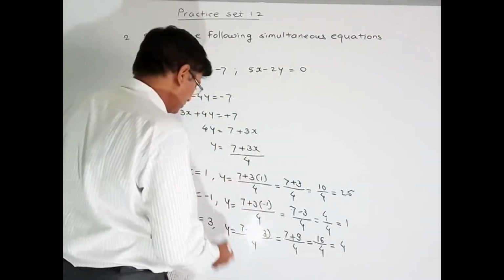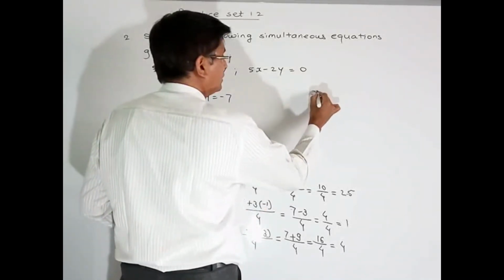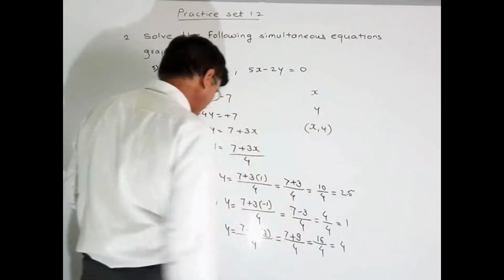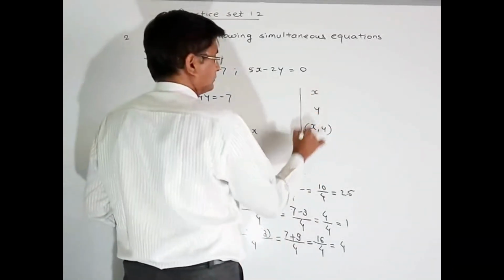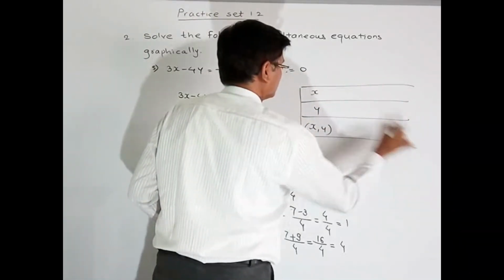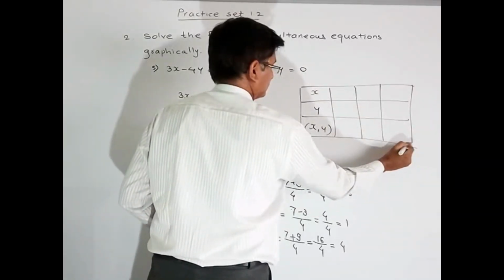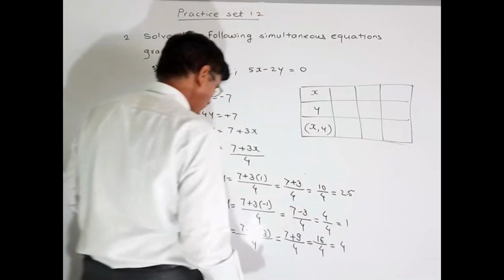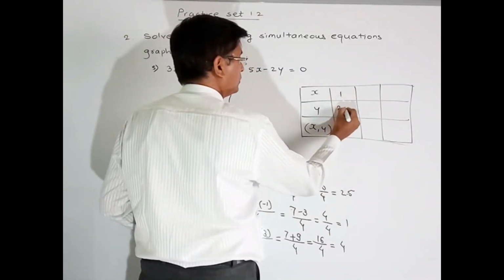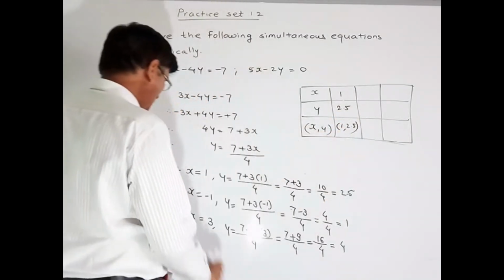So this way we got the ordered pairs. I will draw a table here, x, y, x comma y. So first ordered pair is 1 comma 2.5.